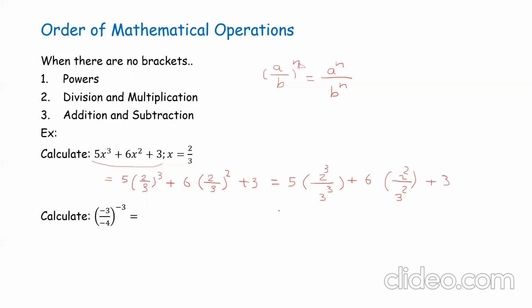And this is equal to, we still leave 5 outside and we perform the operation within the brackets, which is 2 to the power of 3 is equal to 8, 3 to the power of 3 is equal to 27. We close the bracket and we move to the second term, which is 6 multiplied by 2 to the power of 2 equals 2 multiplied by 2, which is 4, over 3 to the power of 2 is 3 multiplied by 3, which is 9, plus 3.